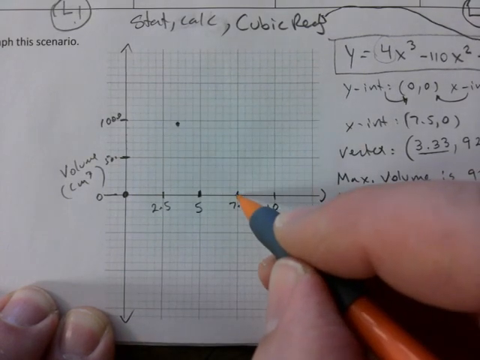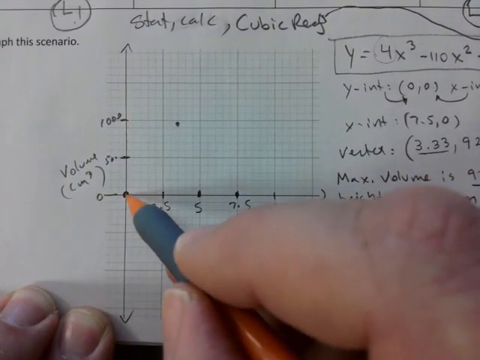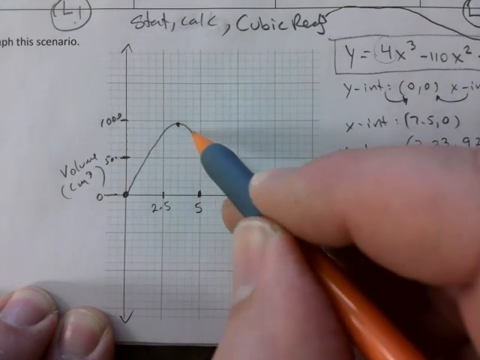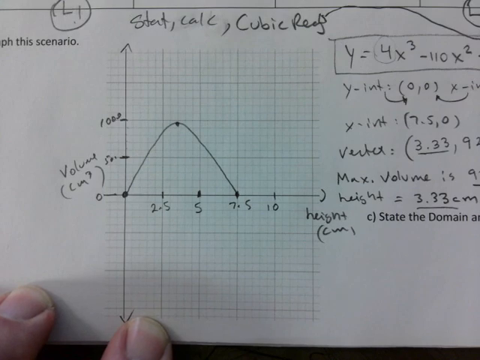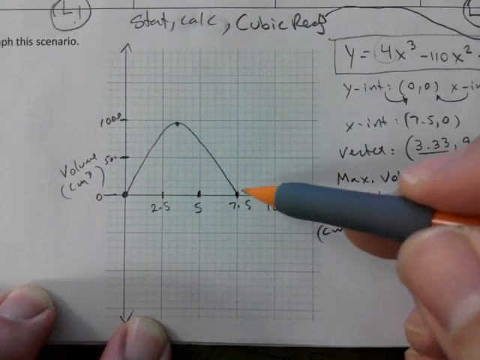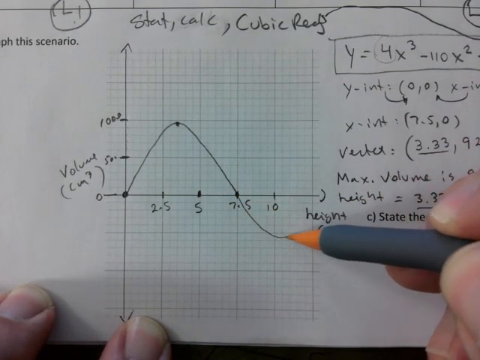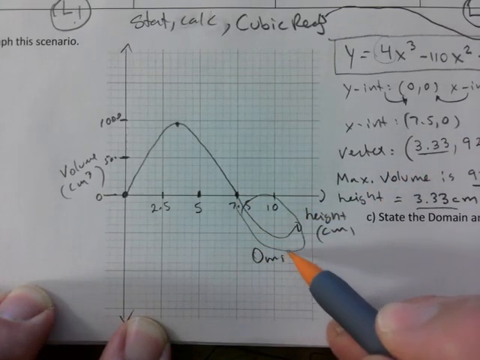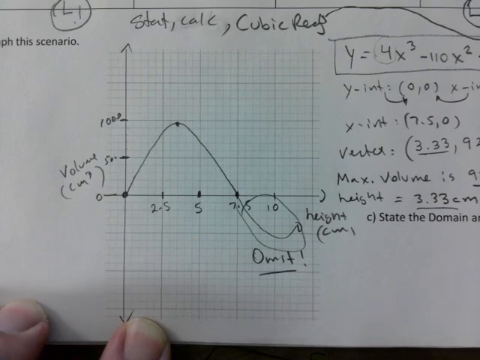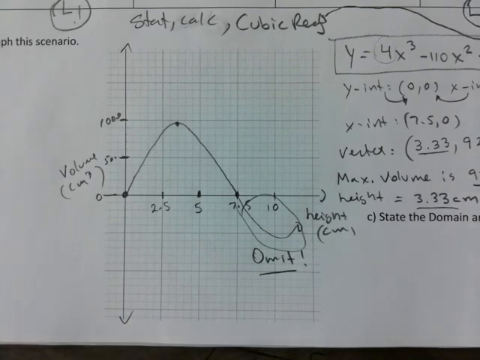And then I'm at 7.5 right here. I will show you that we omit this. Omit, okay? We're outside the domain, and at that point, we no longer care about it.